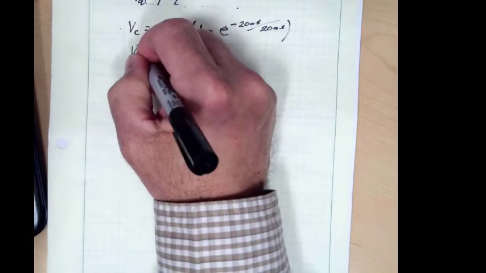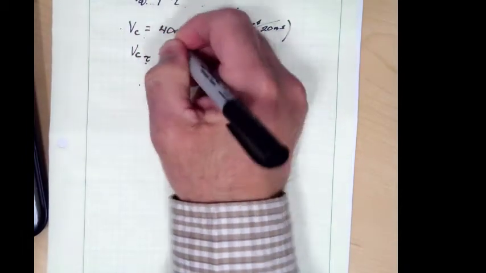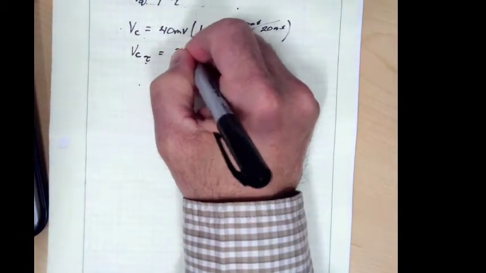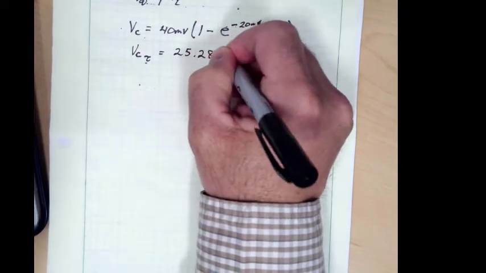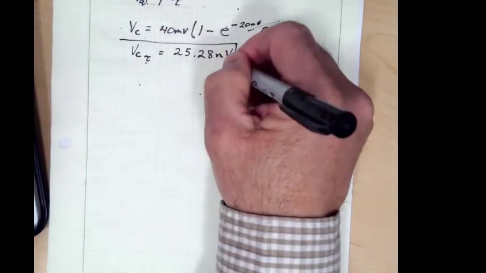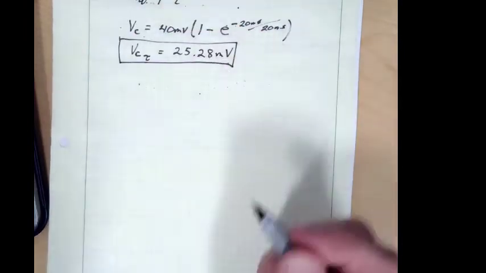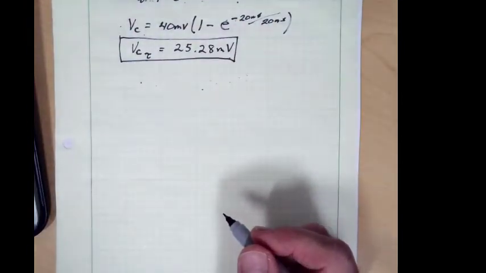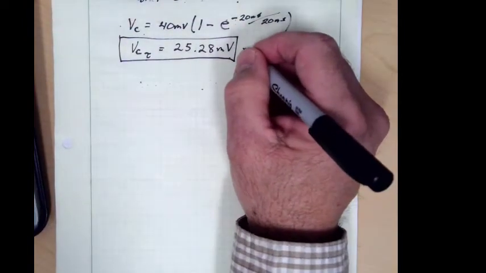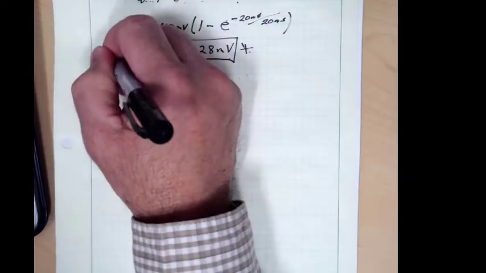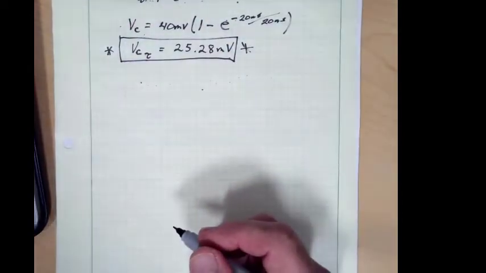So V sub C at 1 tau is about 25.28 millivolts. Again, the math is not terribly complicated there.